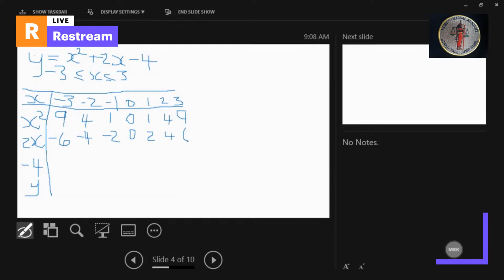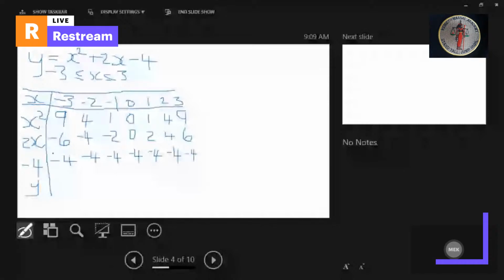And 2 times 3 is 6. Then we're to take 4, so we're going to subtract 4 all across the board. Just write -4.